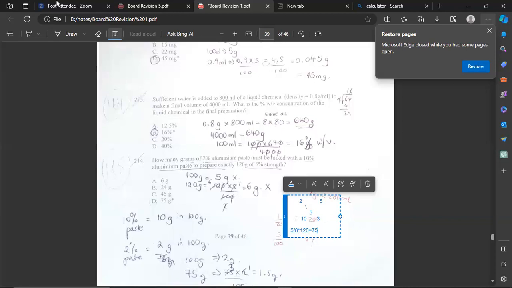That is for the 2%. You're taking 75 grams of the 2%.